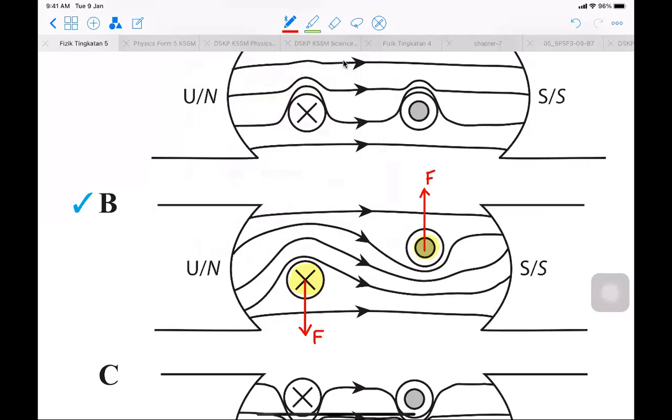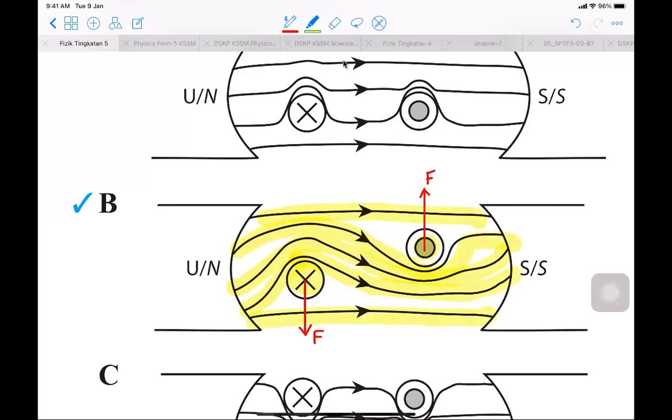Okay. And for the catapult field, if the force is going downwards, then the lines on the upper side must be more than what is below. Okay, like this one.